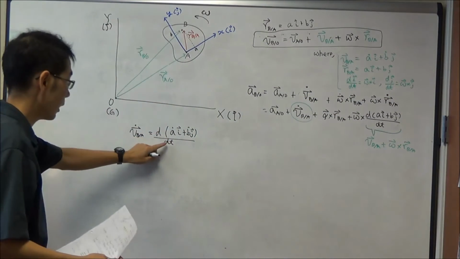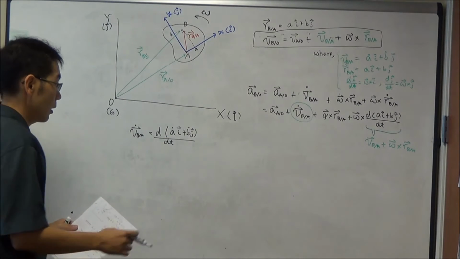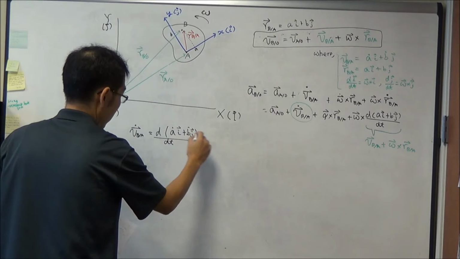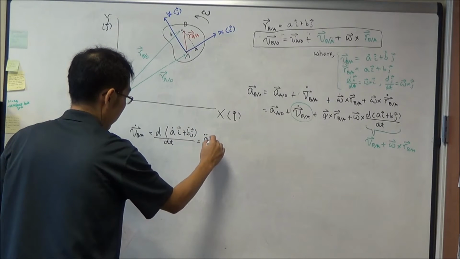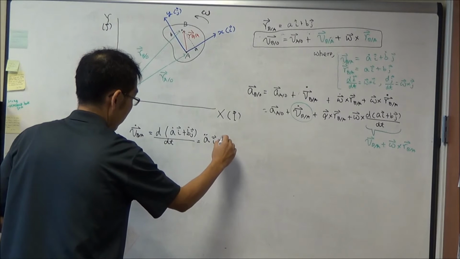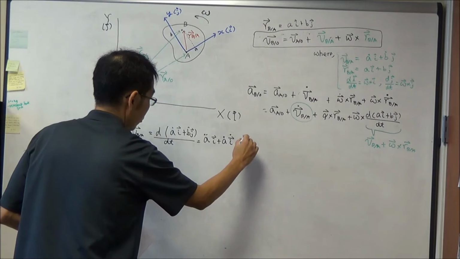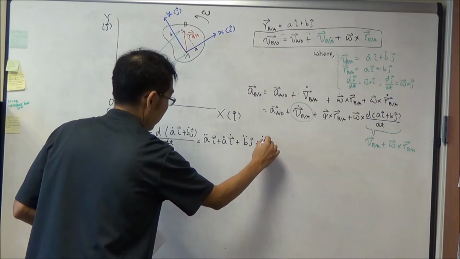So I want to take a time differentiation of a-dot i plus b-dot j. If I do that differentiation, the first one becomes a-double-dot i and a-dot i-dot, and b-double-dot j and b-dot j-dot, right?